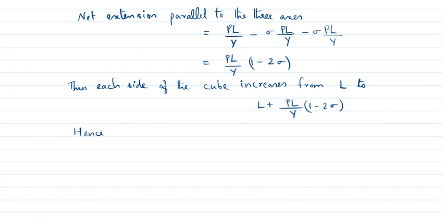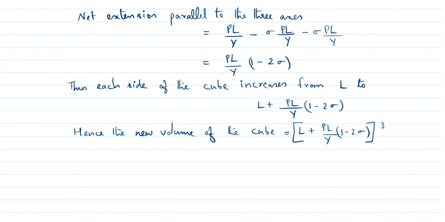Hence the new volume of the cube is equal to L plus PL divided by Y, 1 minus 2 sigma, all cubed. We know the volume of a cube can be found by length cubed, L cube. So this is the new volume of the cube.